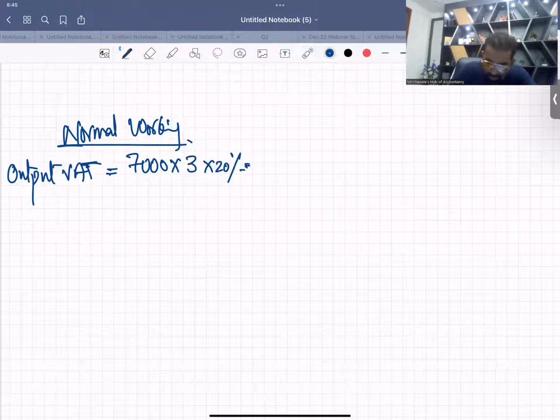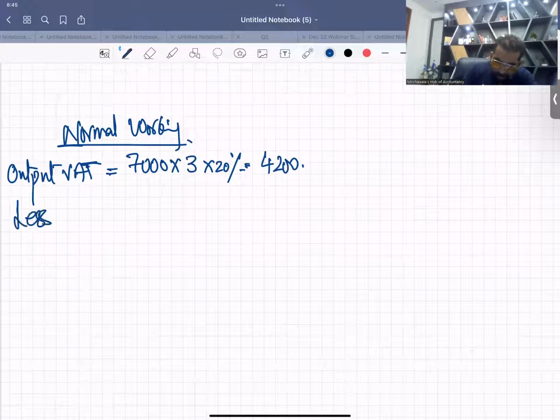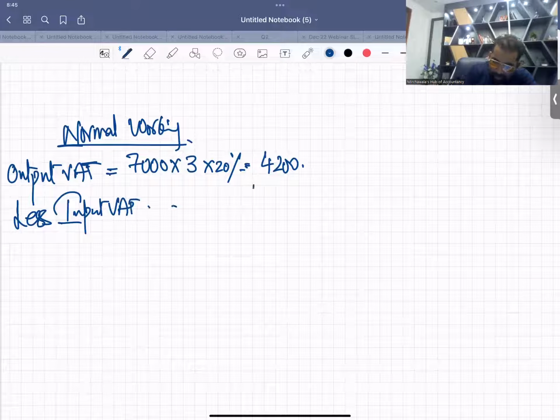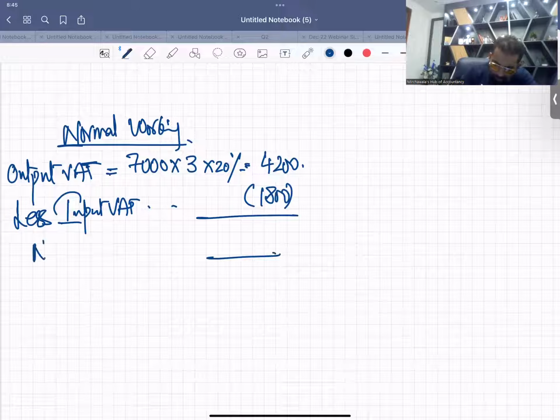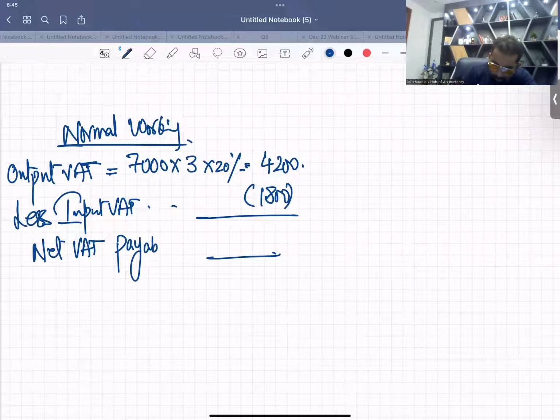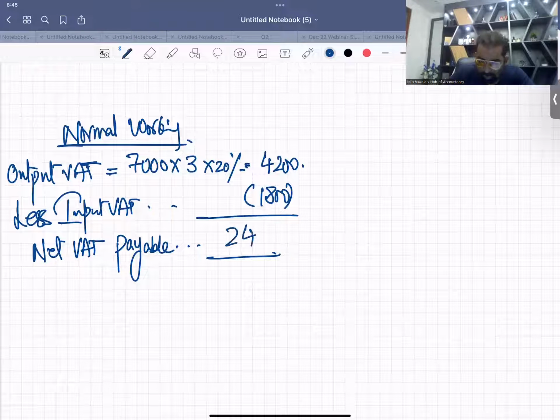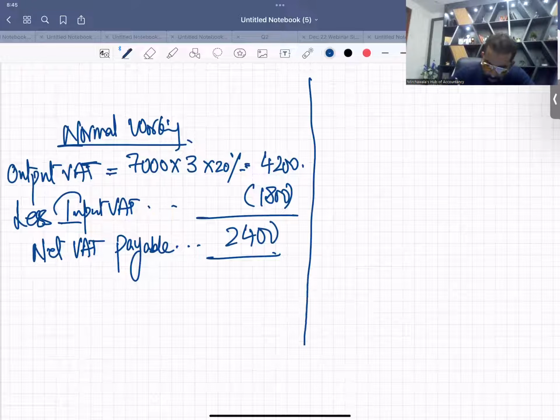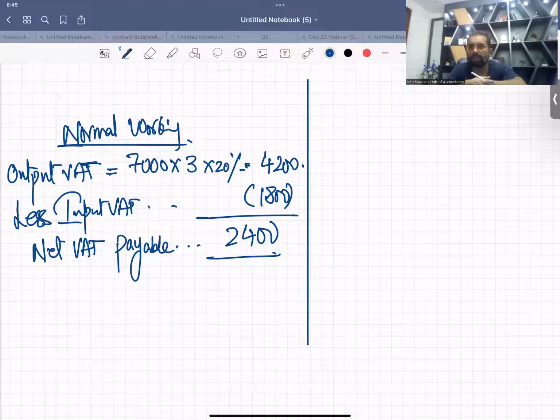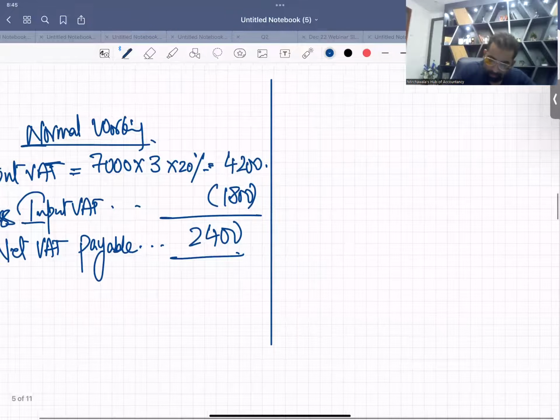That gives 4,200 as the output VAT. Now less input VAT, because right now we are doing the normal working. Input VAT was 1,800. So the net is 2,400. So if you go with the first option, the answer is 2,400.